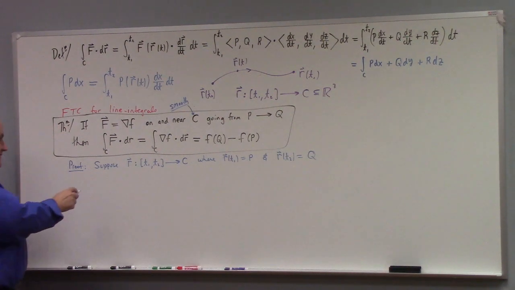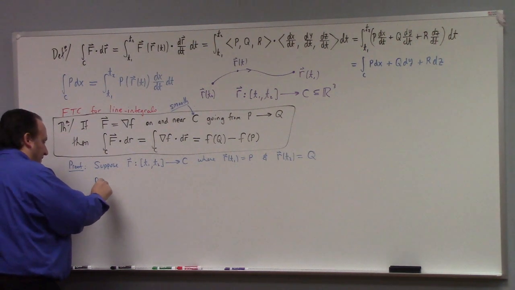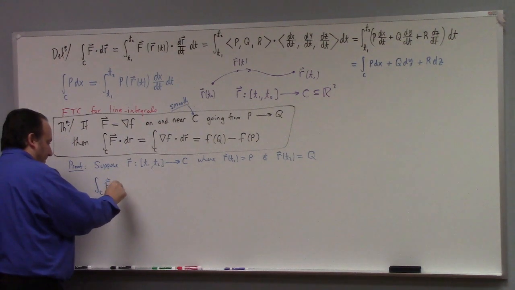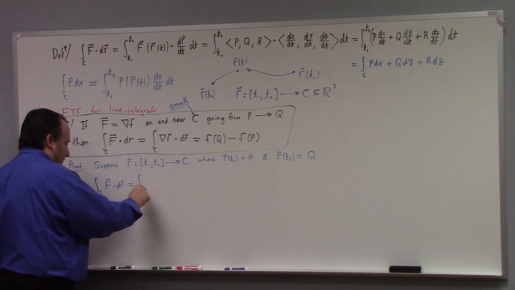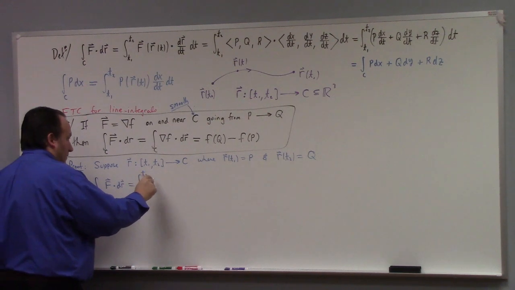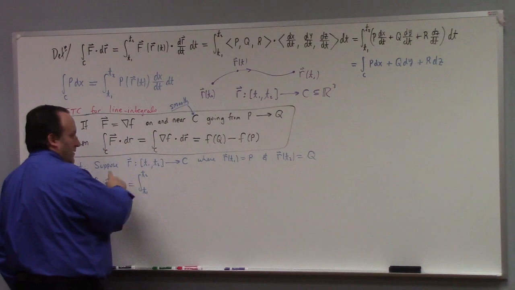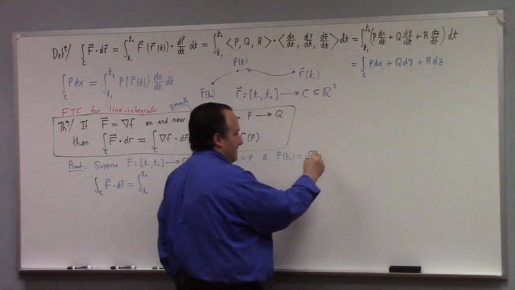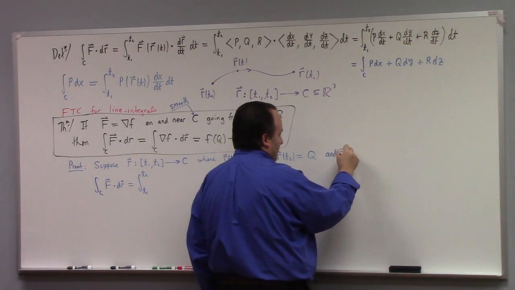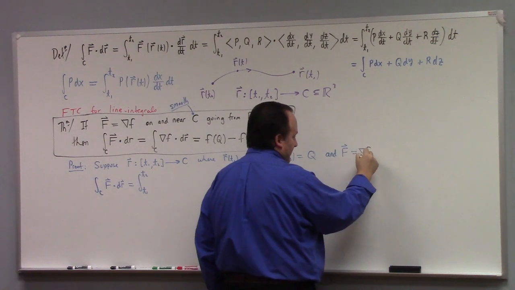So then what's the definition? Well, we have the integral over C of f dot dr is equal to the integral from t1 to t2 of what? For us, since f is, oh, and we're also assuming what? That f is equal to the gradient of little f, right?